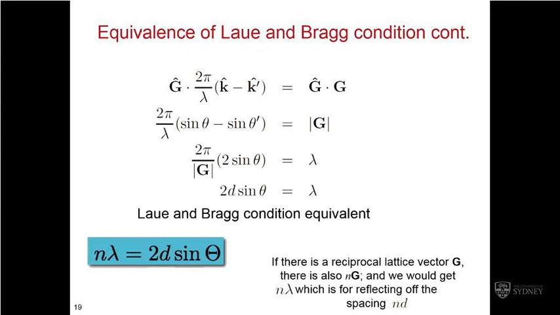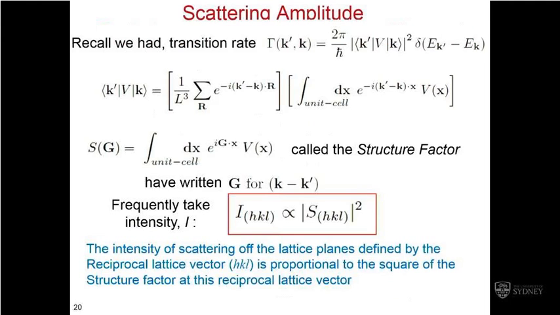Okay, so what about the scattering factor and how can it help us? Remember we had derived that expression there. Another important thing is that the intensity of your diffracted beam that corresponds to a particular reciprocal lattice point or plane is equal to the structure factor squared.